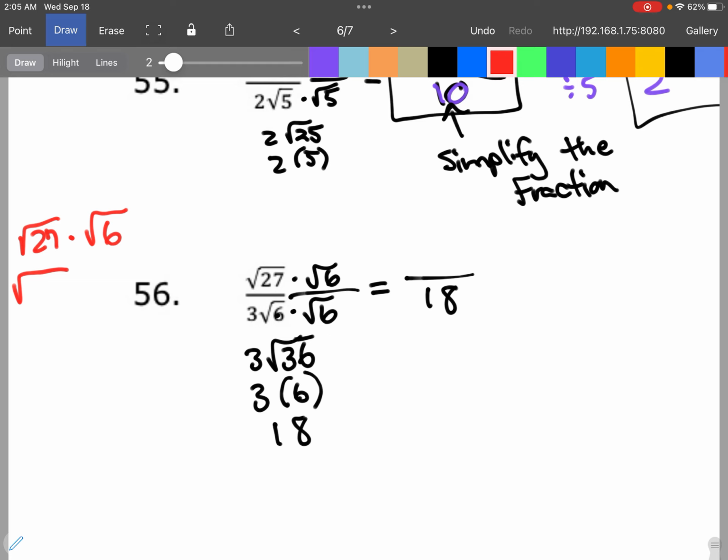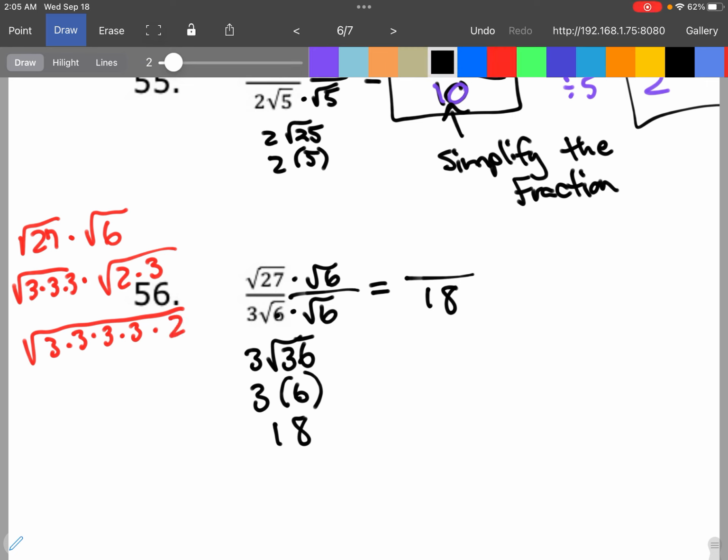This entire time, 27 has been disguised as 3 times 3 times 3. And 6 is disguised as 2 times 3. When you bring it all together, you got 1, 2, 3, 4 3s and a 2.